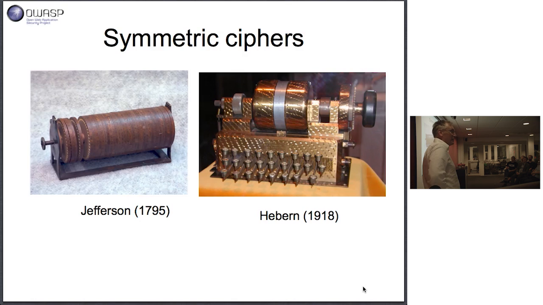These are actually one of the first cipher machines. These are typical symmetric ciphers. This is actually President Jefferson who developed this machine. And you can see these wheels were very popular in the early crypto machines, made from a lot of brass and stuff like this.